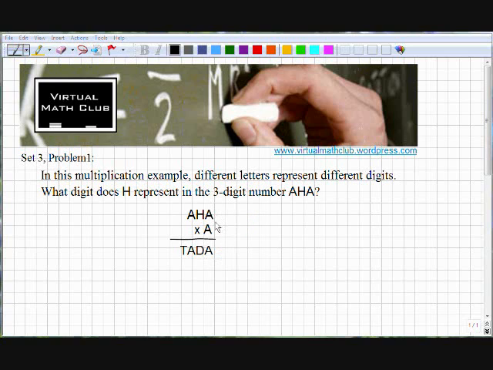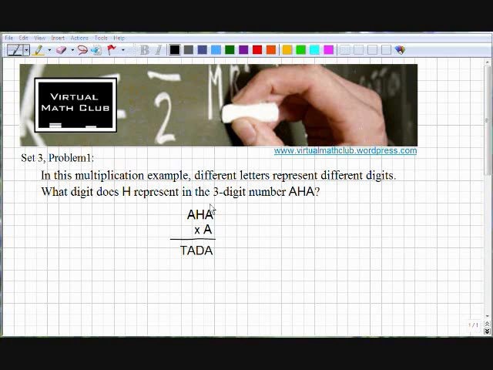You can see that we have A times A, and if we knew what those numbers were, we would multiply them, and we'd put the units digit down here, and we'd carry the tens digit, right? So the key is that we're taking a digit times that same digit, A times A, and we're getting A in the units digit.